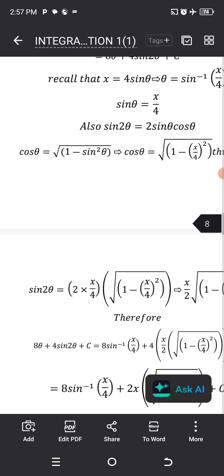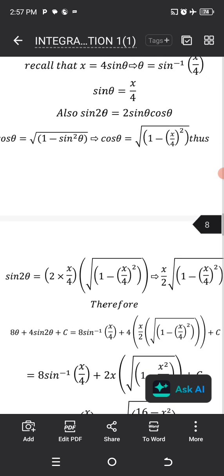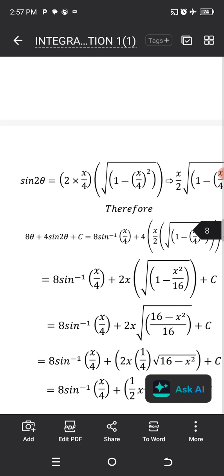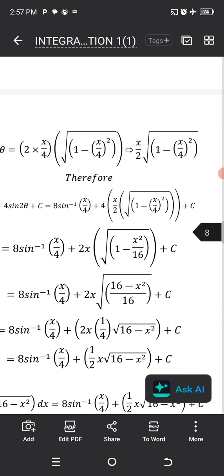And recall that cos theta is equal to square root of 1 minus sin square theta, which implies that cos theta is equal to square root of 1 minus x over 4 all square. So sin 2 theta is now equal to 2 multiplied by x over 4 times square root of 1 minus x over 4 squared, which implies x over 2 square root of 1 minus x over 4 all square.